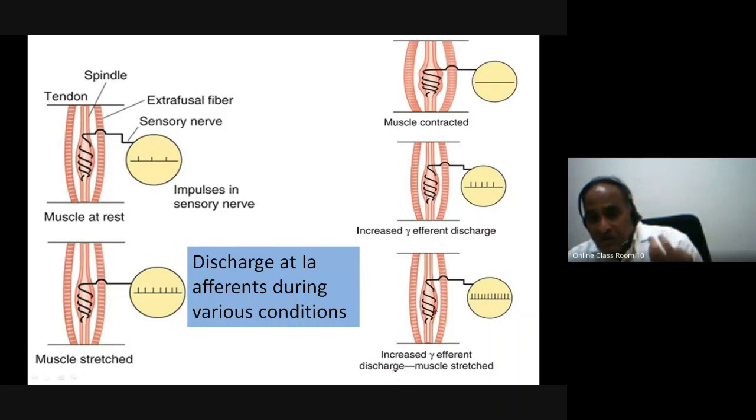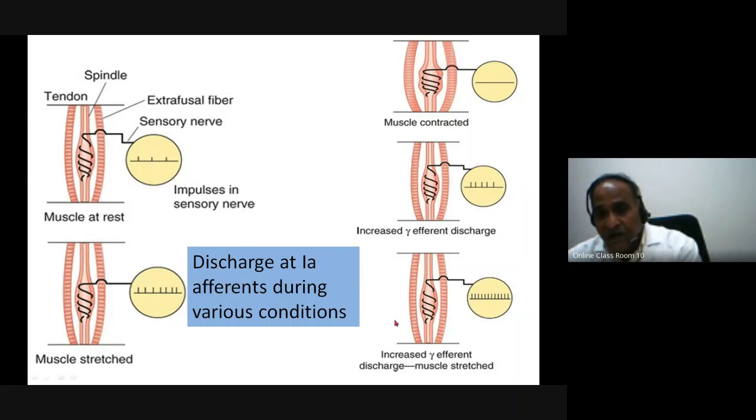Now, during this time, when the gamma efferent activity is increased, if you stretch, what happens? The discharge is increased. This is what happens in case of an upper motor neuron lesion. In the upper motor neuron lesion, you already have the increased gamma efferent activity like this.